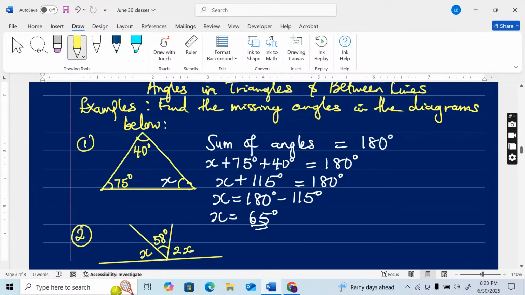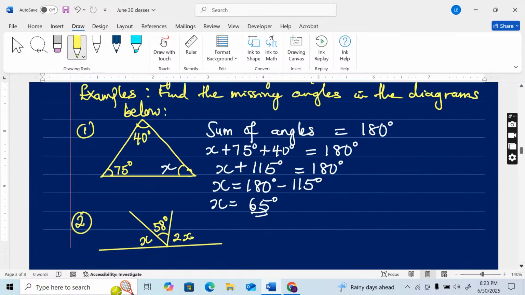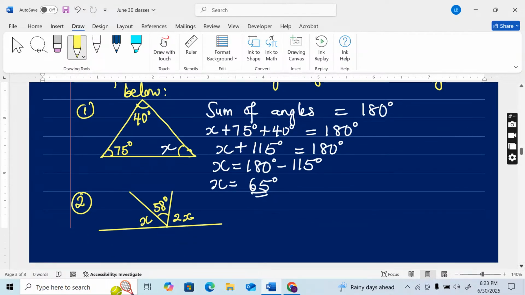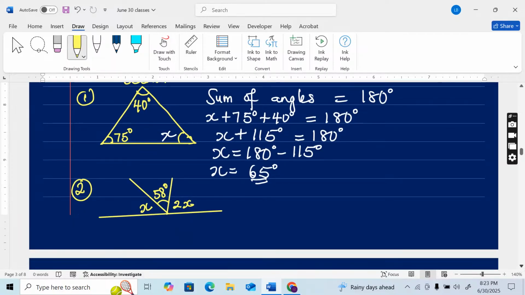So I have two missing angles in this diagram. If you look at this diagram very well, you will see that it's a straight line. The angles on the diagram are all on a straight line.